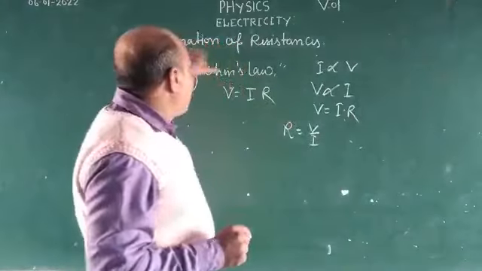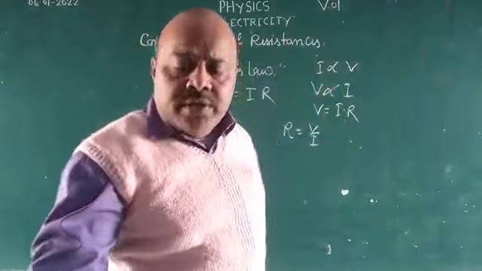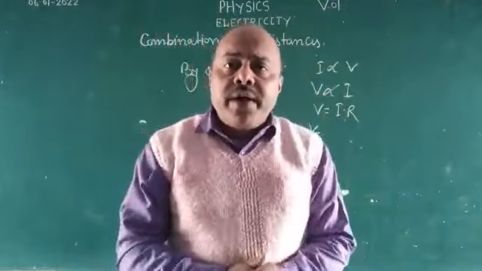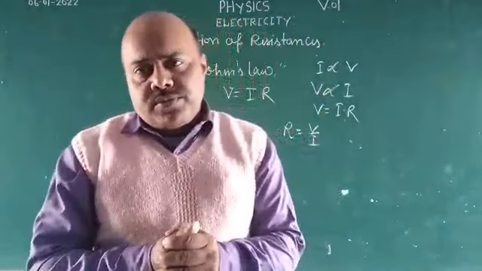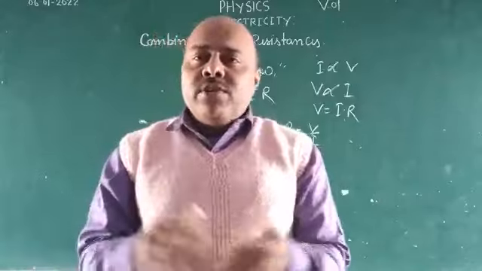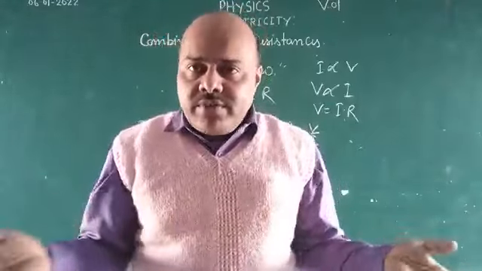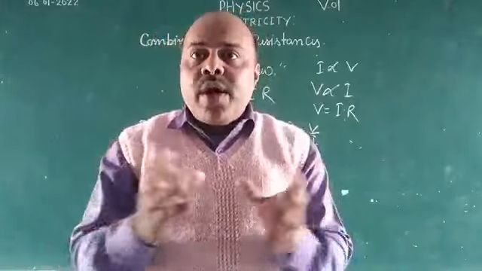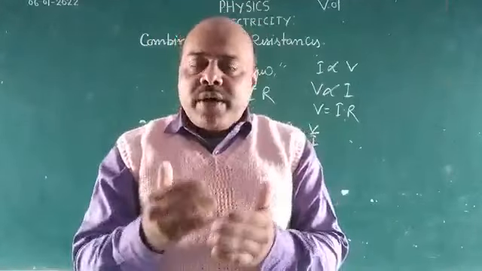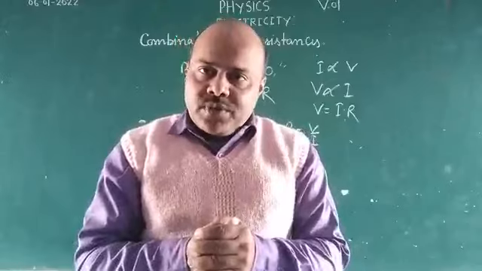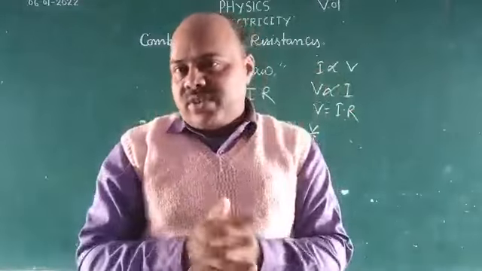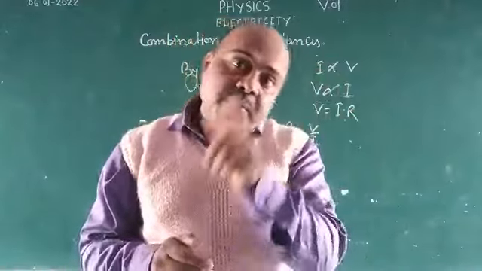Now you will see the combination of resistances. Dear student, when and where do we require the combination of resistances? Usually in an electrical circuit like radio and television, we require a large or small amount of current. So we require a combination of resistances, because the electric current also depends on resistance.